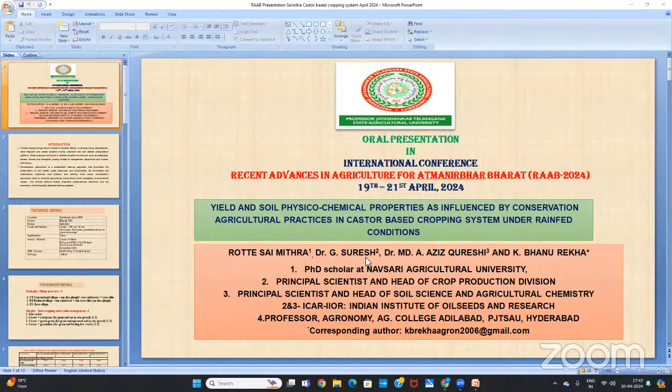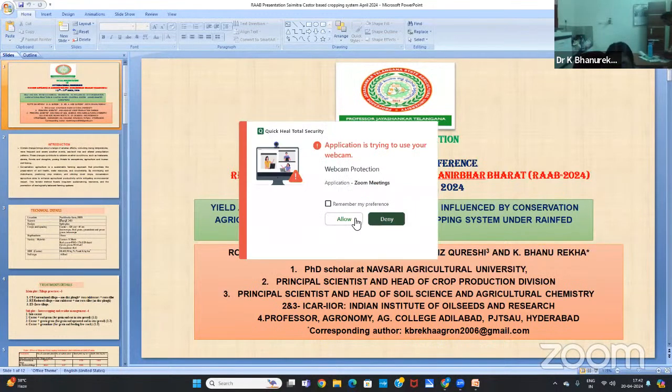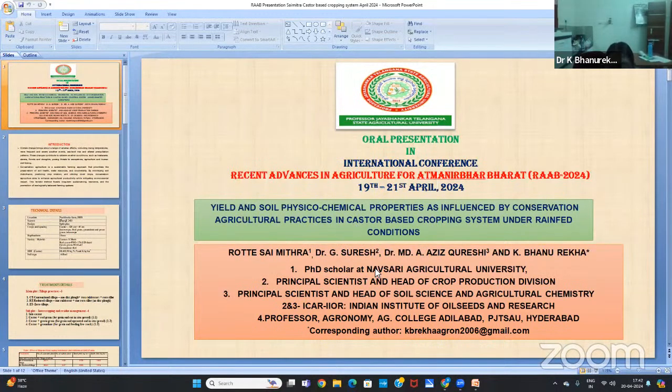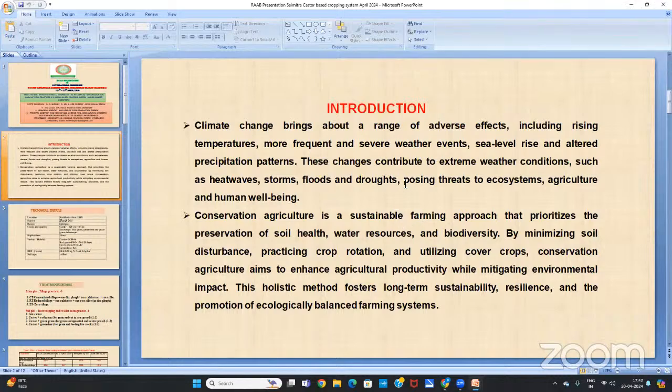Basically, this is work done at the Indian Institute of Oilseeds Research as a part of the research program, and some part has been given to the student, Mr. R. Sai Mindra, now a PhD scholar at Navsari Agriculture University. I hope the introduction is visible, sir. Is the next slide visible, sir? Yes, ma'am.